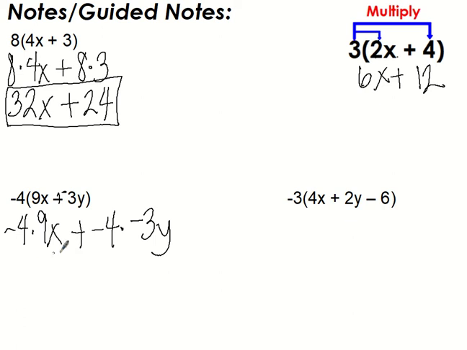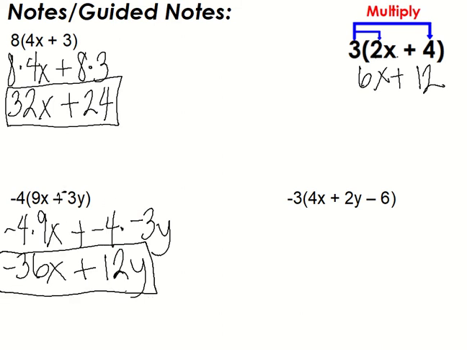Okay, so I just make sure I have the negative for the 3 because that's going to really change this answer, right? So negative 36x plus, now negative 4 times negative 3 is actually positive 12y. And so see, that's why that negative is so important, because that really changes our answer. And there's our answer, because x's cannot be combined with y's.